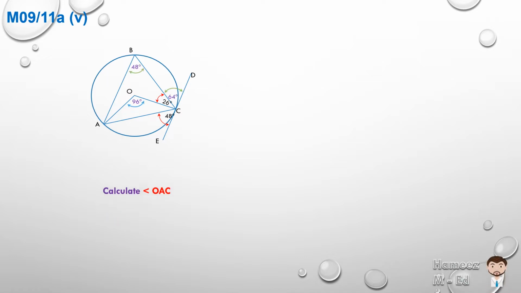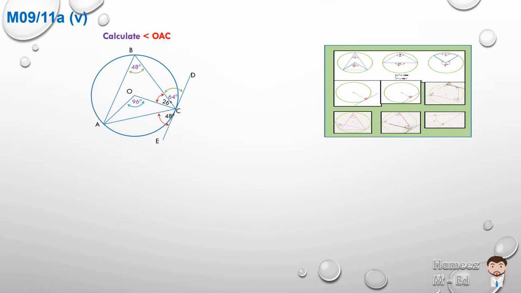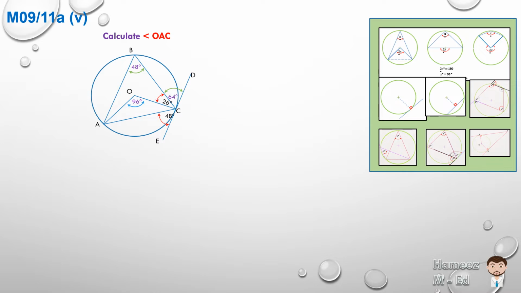In part 5 of the question, they're asking us to calculate angle OAC, and that means the angle at A. So if we look at angle OAC, it fits into the smaller triangle. That smaller triangle already has an angle of 96 degrees, but we don't know the other two angles. But what can we recognize from that?